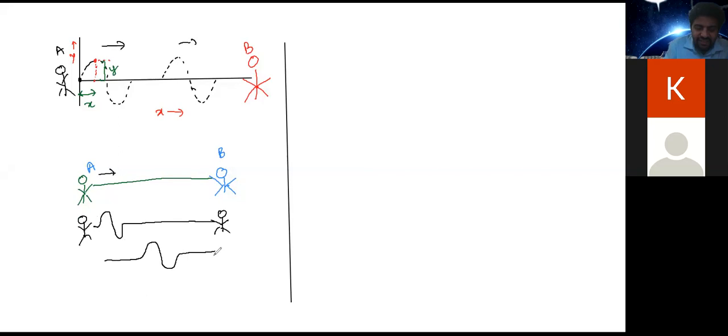So when the wave is traveling, what is happening? This section of the rope is assuming the shape of the wave.